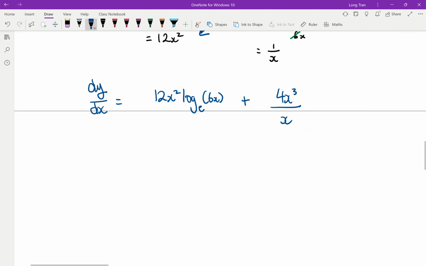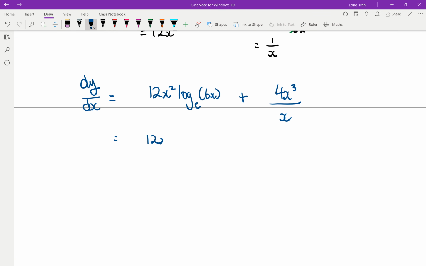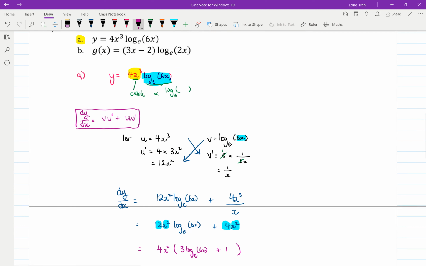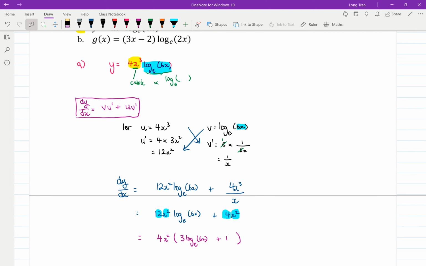And that should simplify to 12x squared log e of 6x plus 4x squared, but you notice that they both have a common factor of x squared and a common factor of 4. So I'd probably take my next step and say it's 4x squared, take it out as a common factor, and I would have 3 log e of 6x plus 1. It's probably how I would have done it, but that's how you would do the product rule. So it's identifying whether it's product rule or chain rule first, use the rule, and then apply.